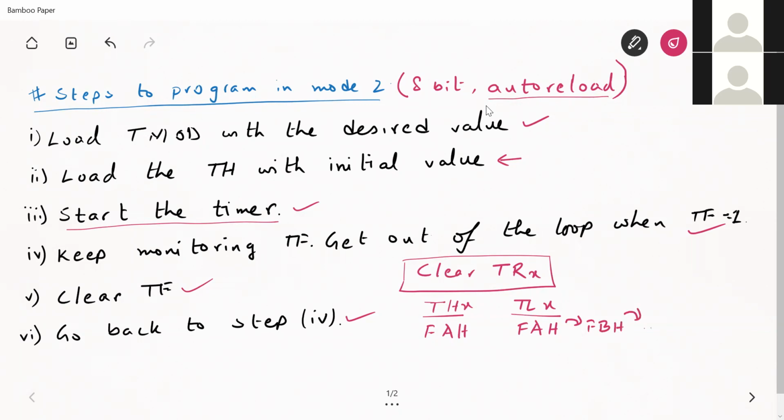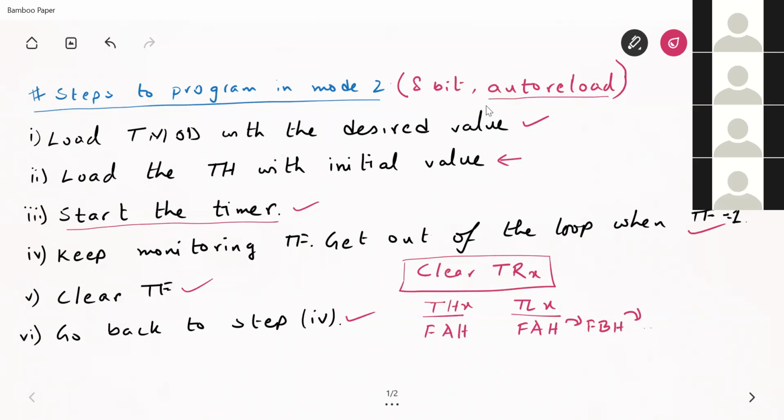Until and unless, how much will it go? Can anyone tell me how much will it go before it rolls over to 0? Sorry, FF. Yeah, that is what I was expecting. So before it rolls over, it will go up to FF.